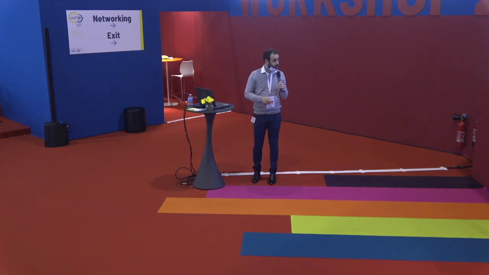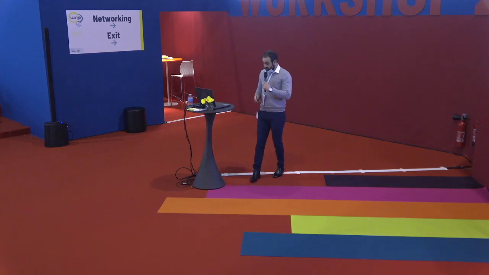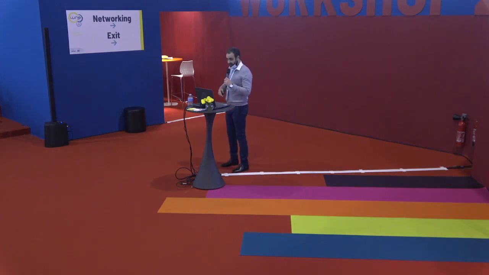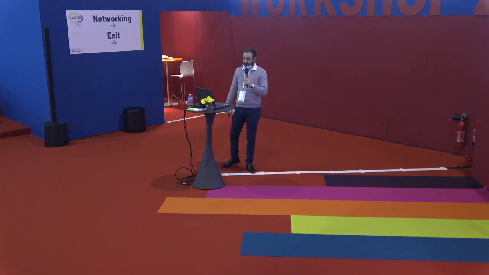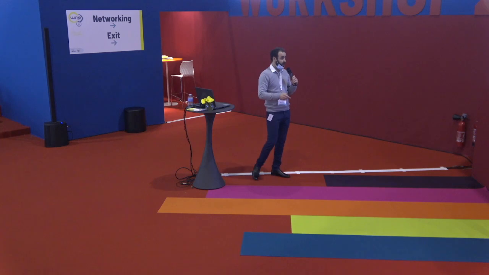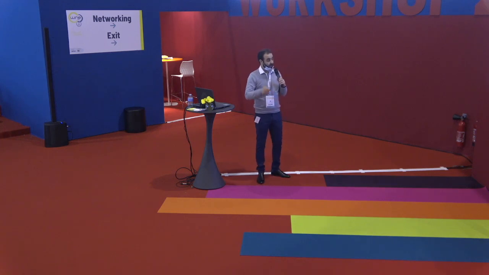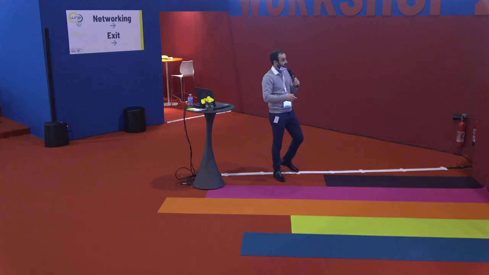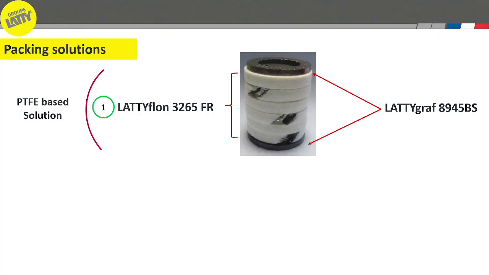Now we will see together the sealing solutions. We have a first solution, which is a PTFE-based solution, composed of sealing rings and end rings at the top and the bottom. The sealing rings are a combination of the Latiflon 3265 FR and the Latigraph 8944 BS.